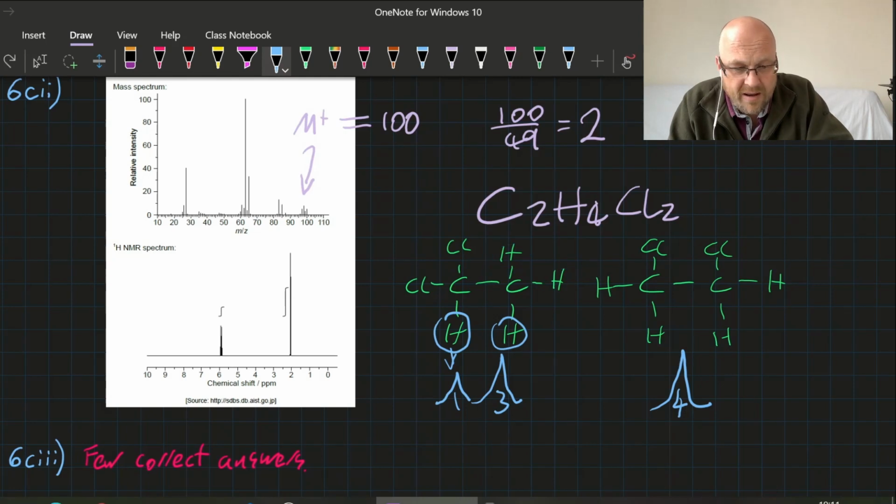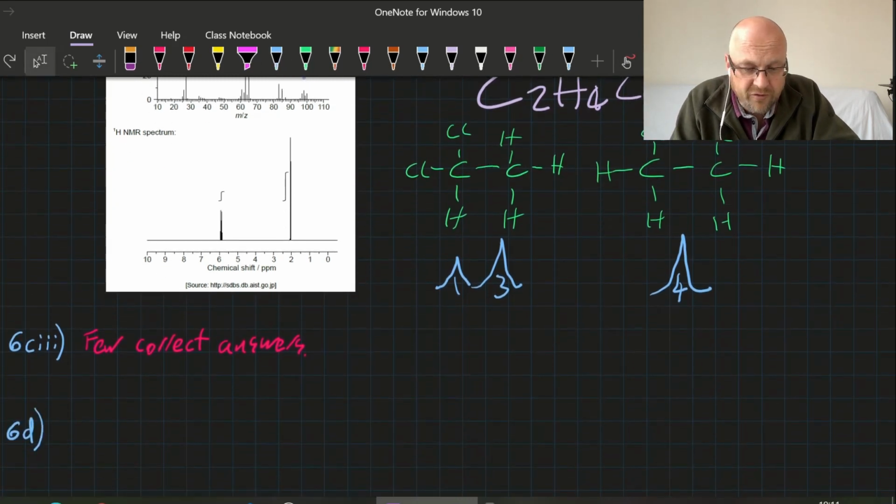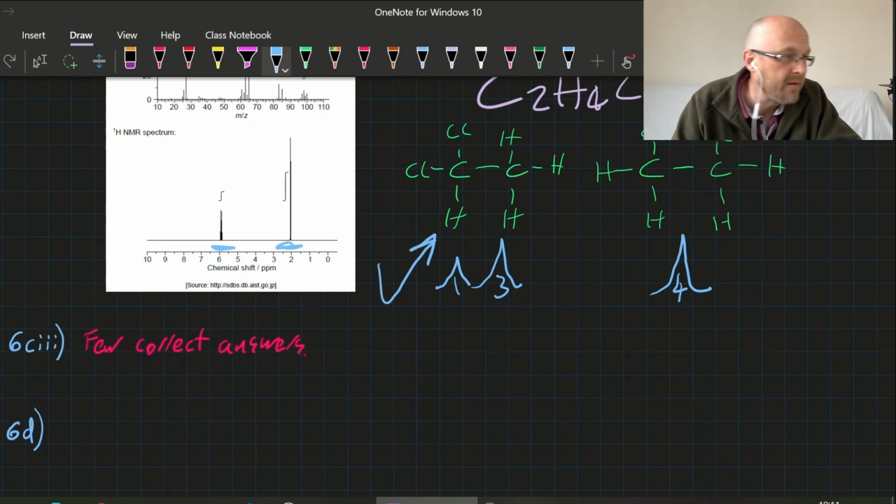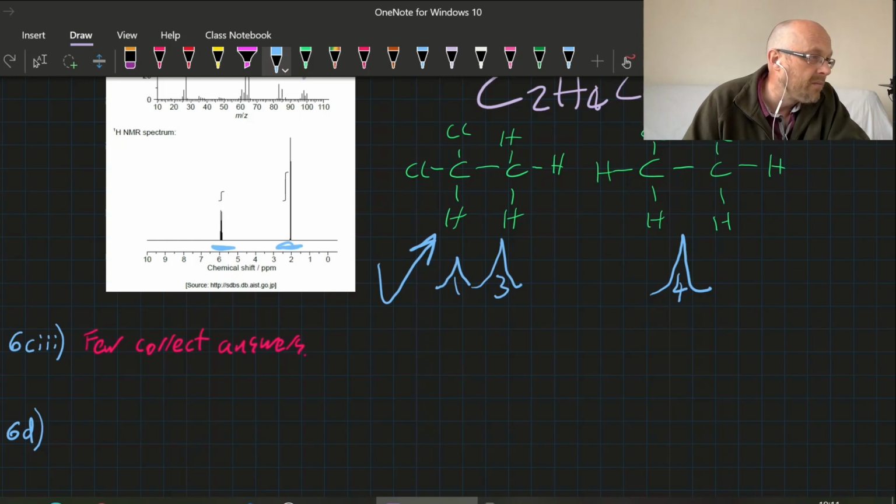So what have we got on H1 NMR? Well, there's 2 peaks, isn't there, with a 1:3 ratio. So since there's 2 hydrogen environments, I would say it's going to be 1,1-dichloroethane. Is that right? 100, 2 signals.